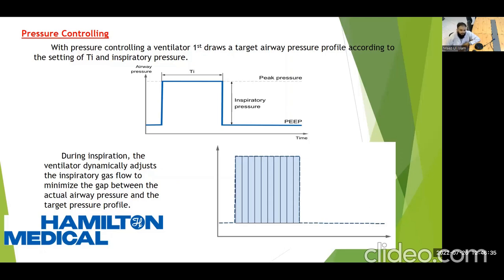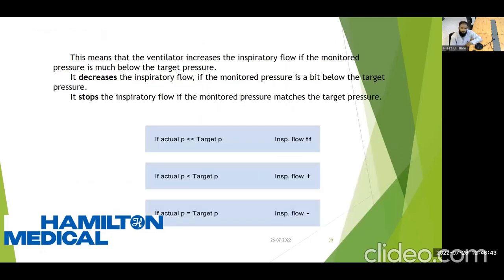The ventilator adjusts the inspiratory gas flow to minimize the gap between the actual airway pressure and the target pressure profile. This means that the ventilator increases the inspiratory flow if the monitored pressure is much below the target pressure. It decreases the inspiratory flow if the monitored pressure is a bit below the target pressure.